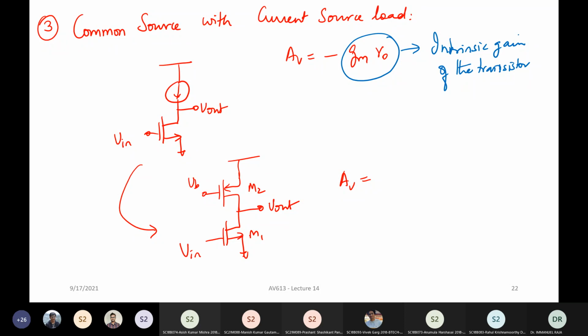What is your effective transconductance here? gm1, sir. gm1. What is your R out here? One by gm2. Why do you have 1 by gm2? Is it directly connected here? No, right? You're looking at R naught in parallel, exactly. You look down, you see a transistor which is in saturation, and you're looking into the drain of the transistor.